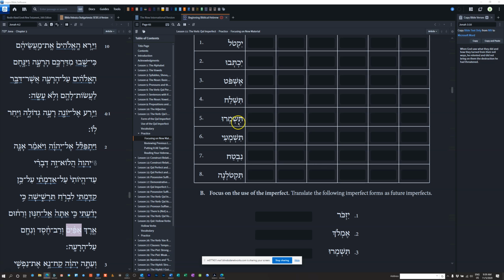Number 5, tishmeru. We have 5 letters here. So what's extra? Early on, it's easy to tell that if we have 5 letters, we've probably got something added at the beginning and something added at the end. Shureq is at the end. Shureq is a great candidate for an added suffix to a verbal root, because it happens all the time.